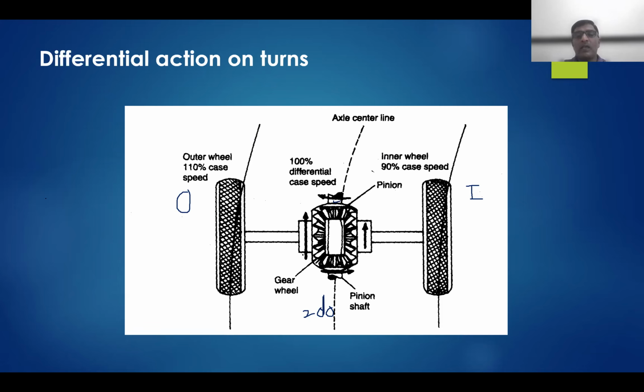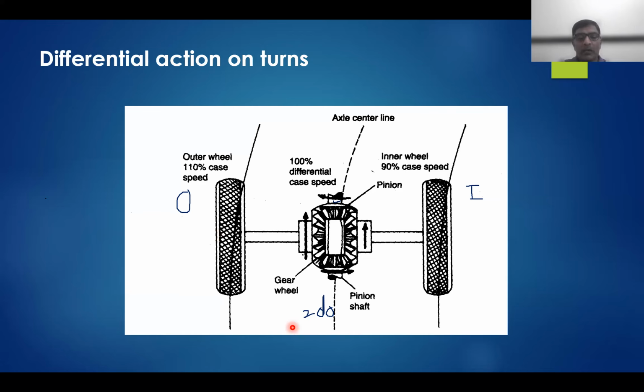Whenever the vehicle is negotiating the turn in this direction, this is the inner wheel, this is the outer wheel. One has to cover less distance, the other has to cover more distance at the same time. So how to compensate that? Now the differential comes into action.